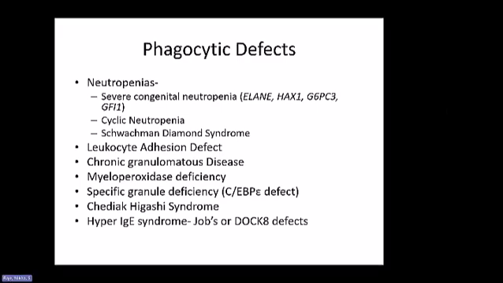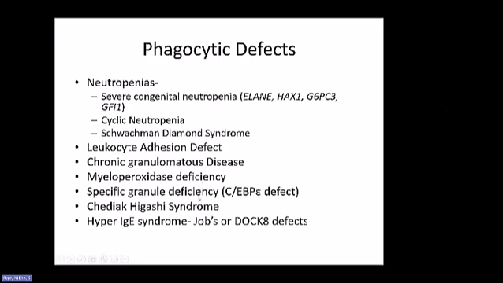The other defects mentioned here are phagocytic disorders. Let's look at a couple of the common ones, which are leukocyte adhesion defect and chronic granulomatous disease. You can actually test for myeloperoxidase deficiency if you think it's a phagocytic disorder and you don't have an answer from other testing.